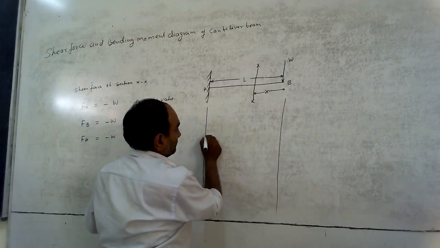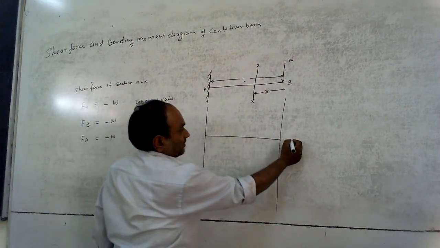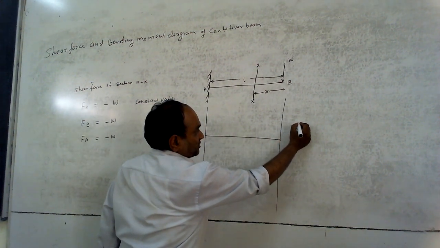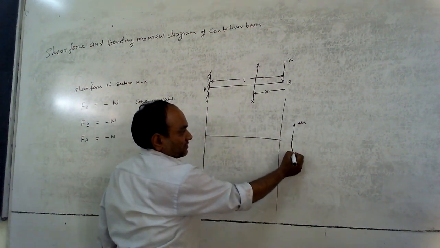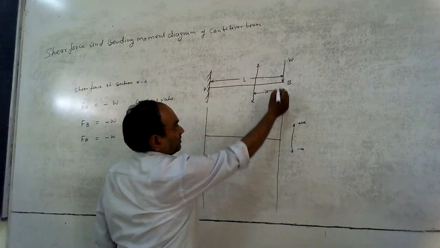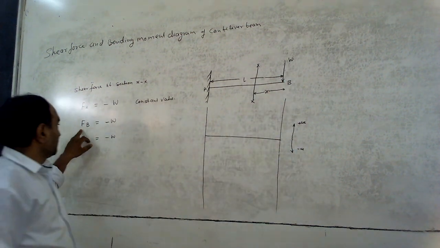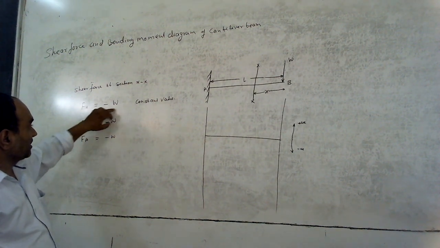Shear force diagram. Upward side is taken as positive shear force and downward side is taken as negative shear force. So here W is FB. The load is acting downward, that is, the load is negative.